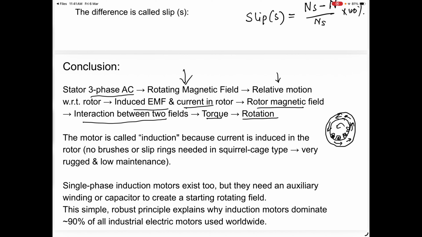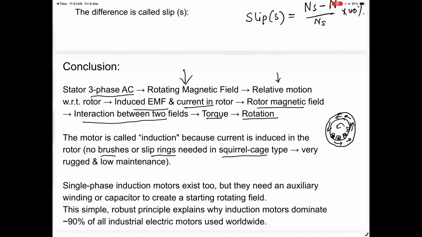The motor is called induction because current is induced in the rotor. No brushes or slip rings are needed in the squirrel cage type. And this one is very rugged and low maintenance too.